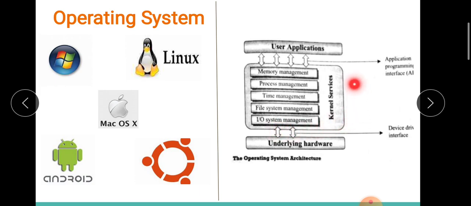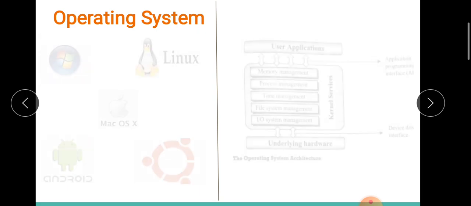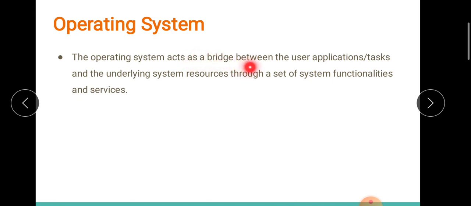Basically this functionality will involve resource allocation and resource management, right? So I can define an operating system as the bridge between the user application and the underlying system resources. How do they do that? Through a set of system functionalities and services.